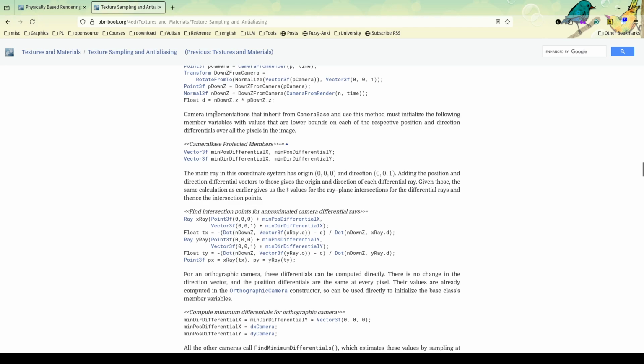A camera implementation that inherits from camera base and uses this method must initialize the following member variables with values that are lower bounds on each of their respective position and direction differentials over all the pixels in the image.